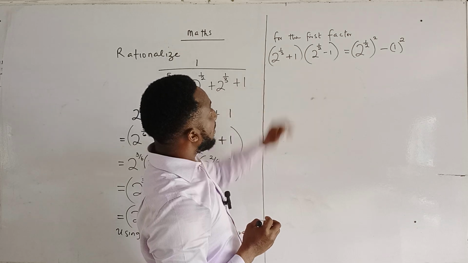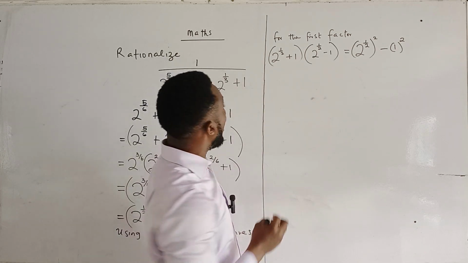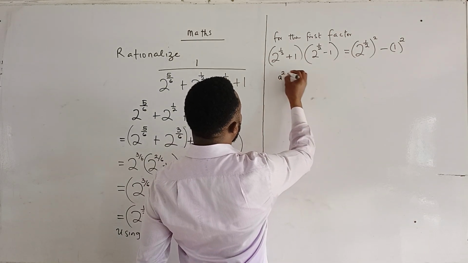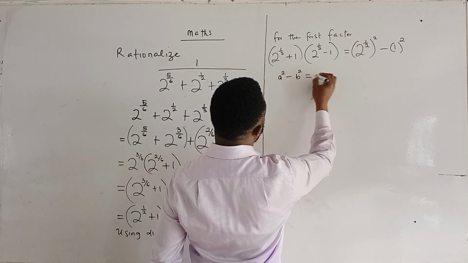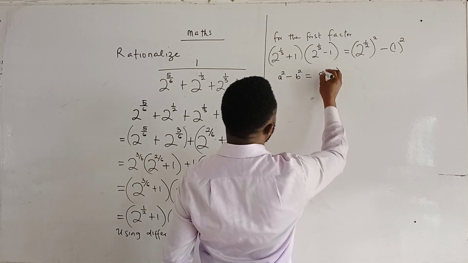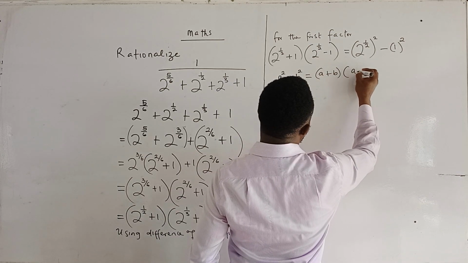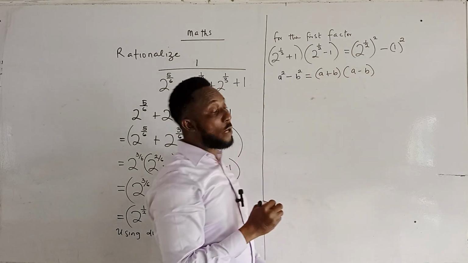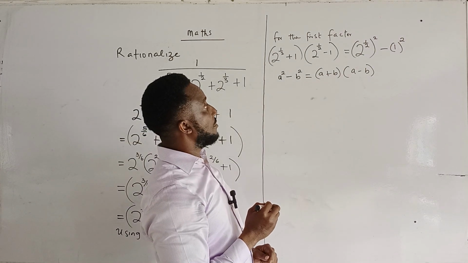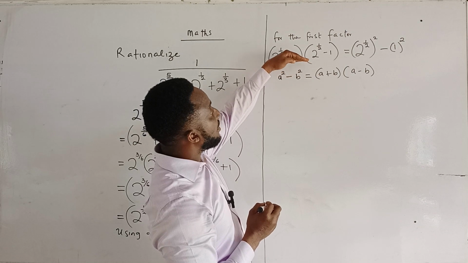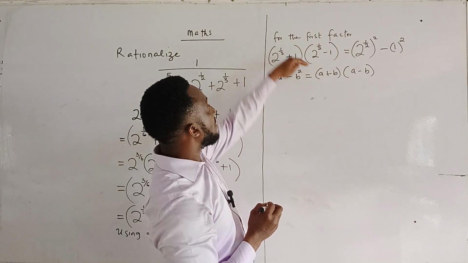Now, what I've done here is using this formula: a squared minus b squared equals a plus b into a minus b. We are very familiar with this formula. This is the formula for difference of two squares. I want to literally repeat what I did here for the sake of our audience.